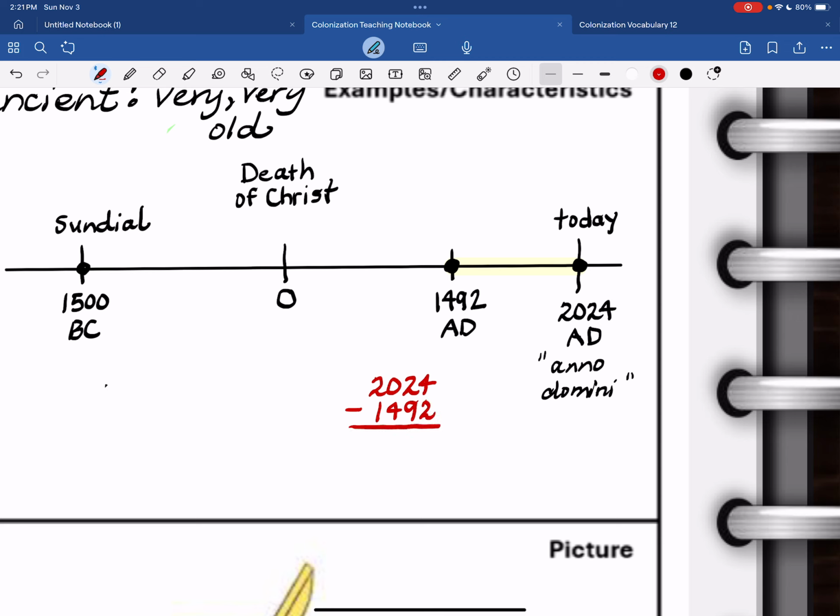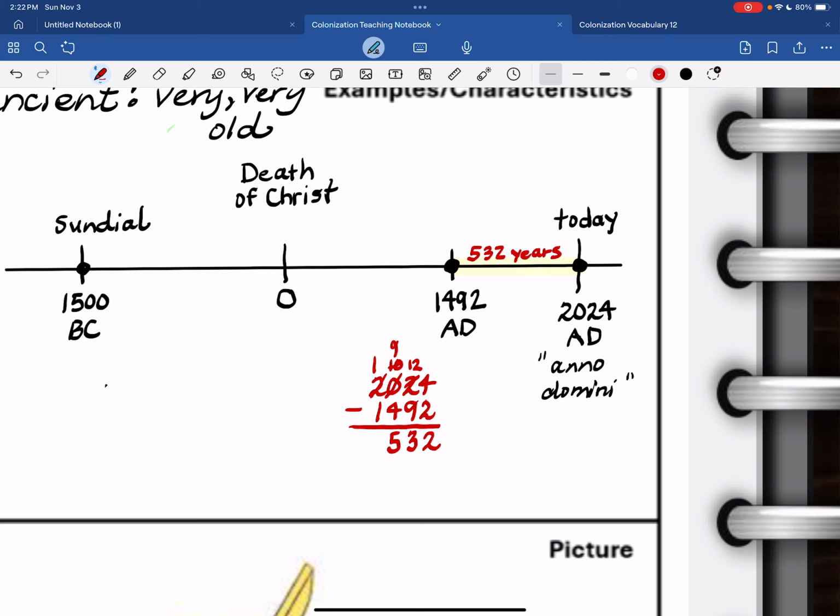So I'm going to subtract to find the difference between those two dots. 4 take away 2 is 2. I can't take 2 from 9, and there's nothing here to borrow. So I'll go all the way over, get 1, and then borrow 1 there to give to this one. 12 minus 9 is 3, and 9 minus 4 is 5. So there are 532 years between Christopher Columbus and the day I'm filming this video.